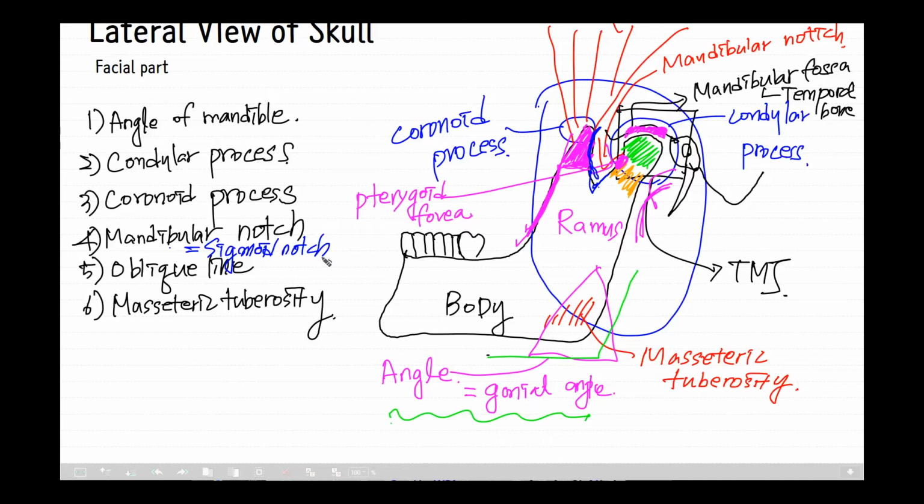The next is the oblique line, running backward and upward from each side of the mental tubercle. The mental tubercle is around here, and the oblique line is a faint ridge which is continuous with the anterior border of the ramus. Like that. This is the oblique line. This is the mental tubercle.